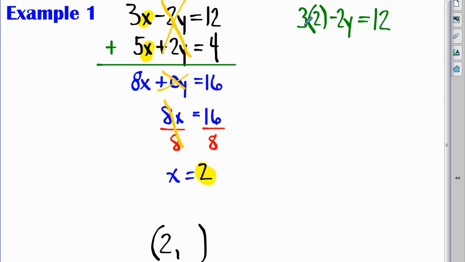All right, now notice that we have an equation where the only variable is y. So we can solve for y. 3 times 2 is 6. And then the next step would be to subtract 6.